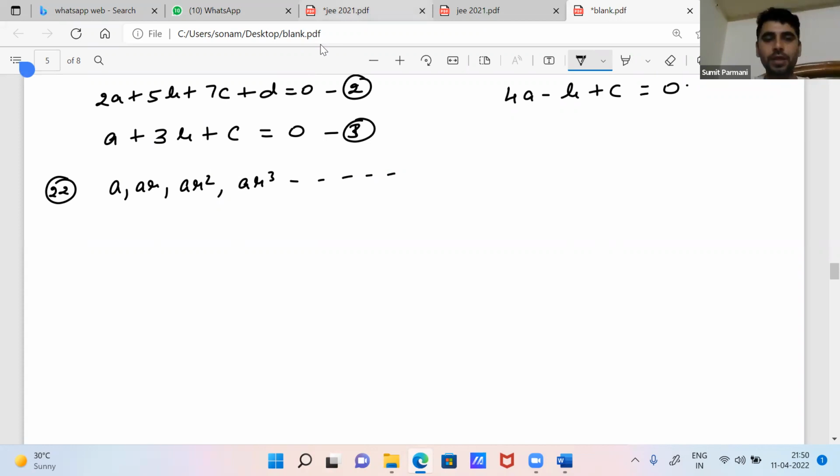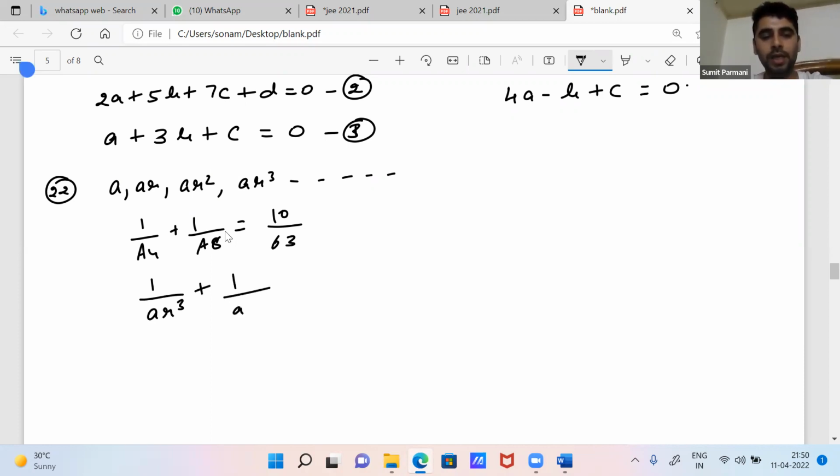So we have 1 by A4 plus 1 by A8 equals 10 by 63. What is A4? A4 is AR cube, A8 is AR raised to the power 7. So we have 1 by AR cube plus 1 by AR raised to the power 7 equals 10 by 63. This is the first equation we have.